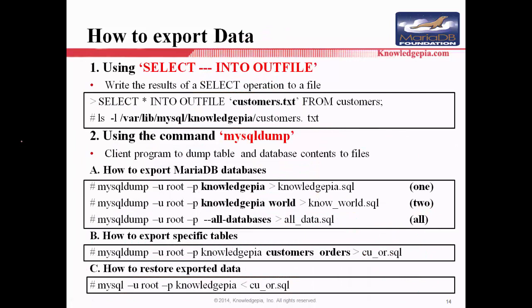How to export data? First one, in the MariaDB database, we can use SELECT INTO OUTFILE. Using this command, we can write the result of the select operation to a file. For example, SELECT * INTO OUTFILE with the file name, in my case, customers.txt, FROM customers, where customers is the table name.